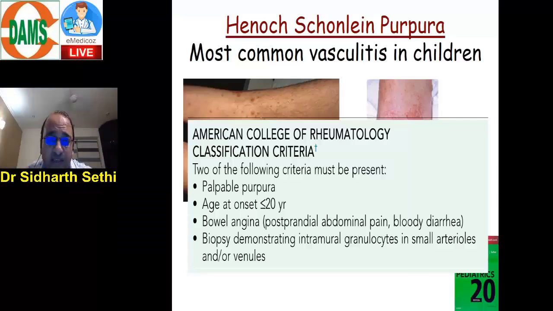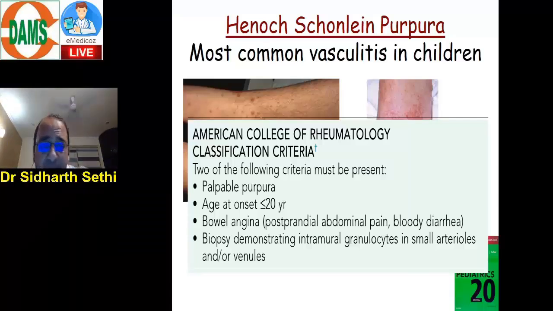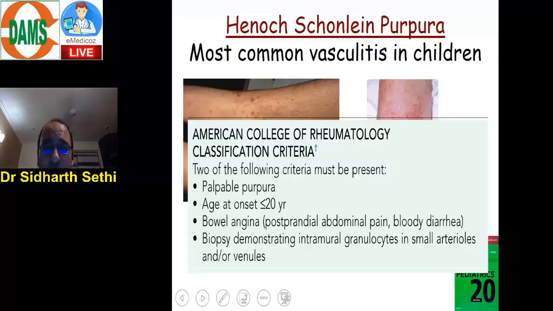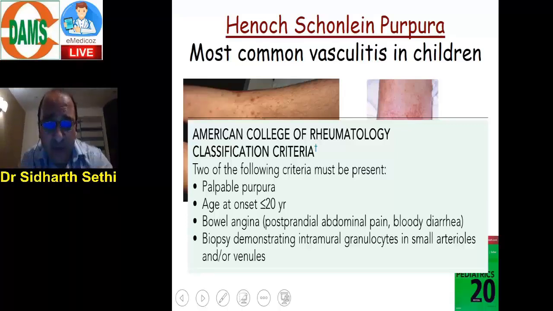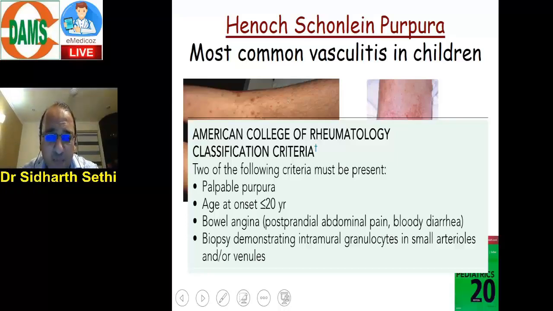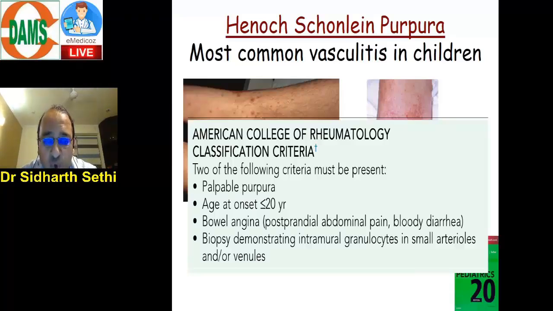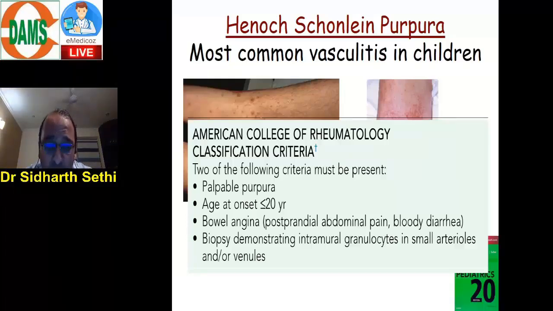In last year's NEET PG, there was a child who had bloody diarrhea. Because of the mesenteric ischemia, these children can have pain abdomen and bloody diarrhea. Okay. And it's a leukocytoclastic vasculitis, meaning neutrophils are in the wall of the arterioles or venules.